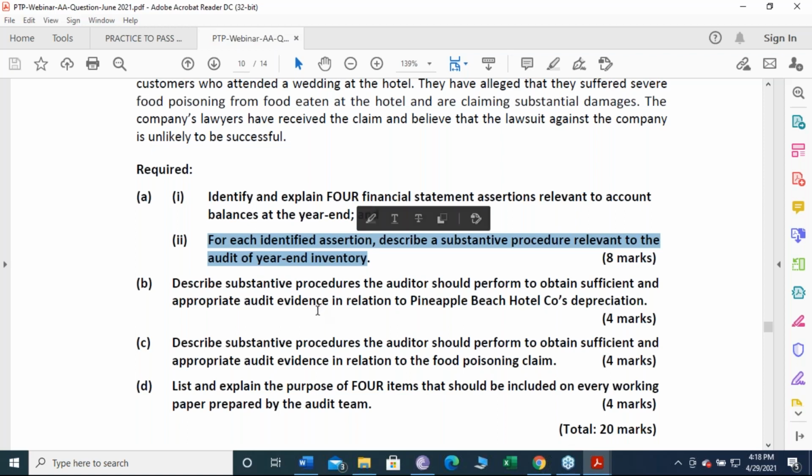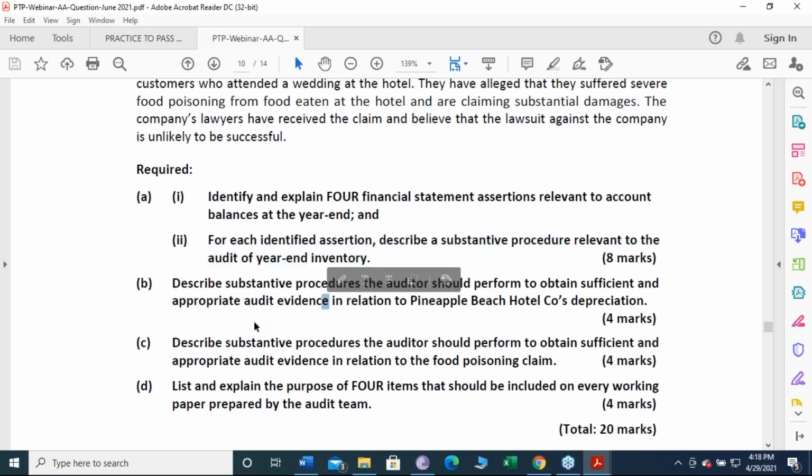You don't need to relate it with the story. Rights and obligations. In order to verify the rights and obligations, you can select a sample of purchase invoices and make sure that the title belongs to the company. And if the title belongs to the company, that reflects that those inventories are at the ownership of the client. How to verify completeness?